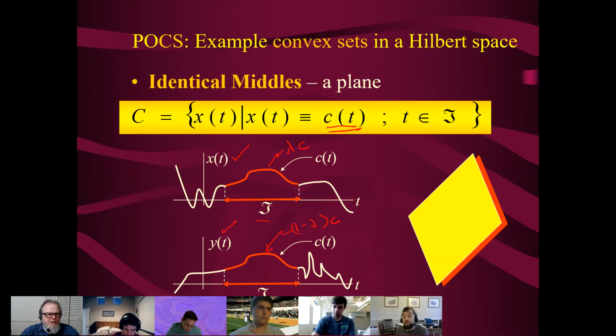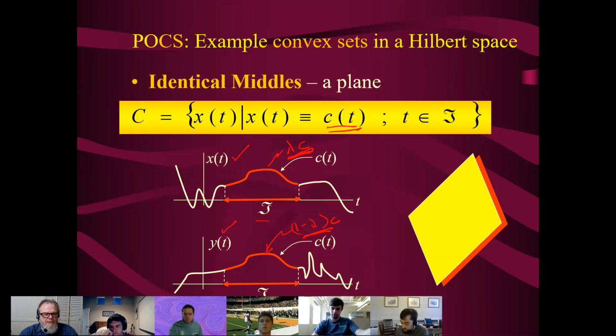As long as we're in this interval, lambda times the constant plus 1 minus lambda times the constant, it's always equal to the constant, right? We always get the same thing back. Now the tails are going to differ as we do these different combinations. As lambda varies, the tails are going to be different, but the middles are going to remain exactly the same.